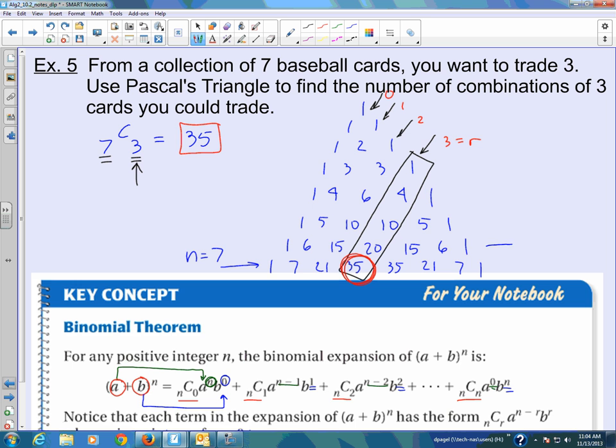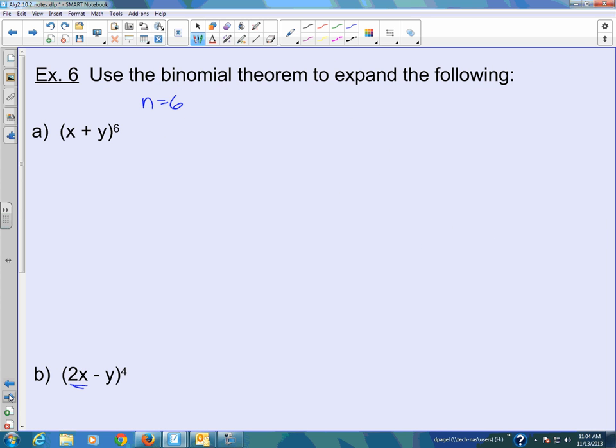Here's our row 6: 1, 6, 15, 20. I'm going to give myself plenty of space. So 1, 6, 15, 20, 15, 6, and 1. I gave myself space in between these because I'm going to be filling in the terms from my binomial.